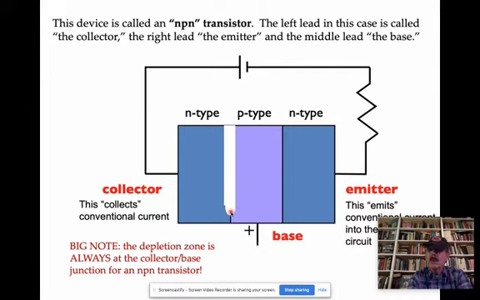That will always be the case, both for PNP and NPN transistors. Where the current exits the transistor, again for an NPN, is called the emitter. So that's just vocabulary. You're going to hear those words later on down the line. You just need to know what they are.